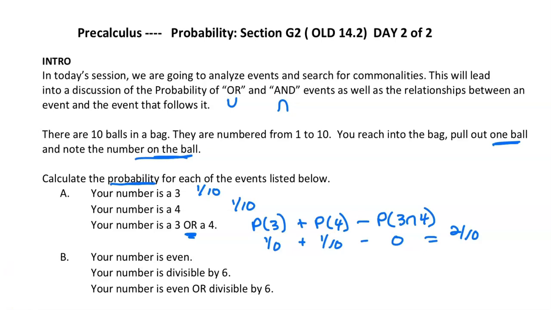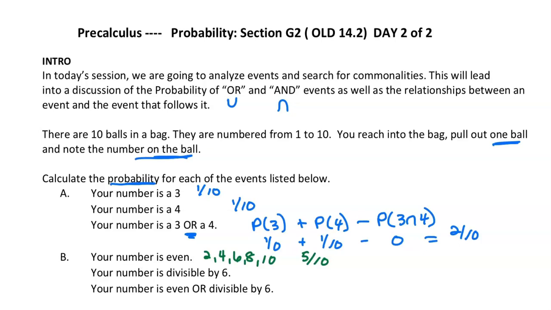Okay, your number is even. So even is going to be 2, 4, 6, 8, or 10. So 1, 2, 3, 4, 5 times, you're going to get an even. Your number is divisible by 6. Well, only the 6 is divisible by 6.